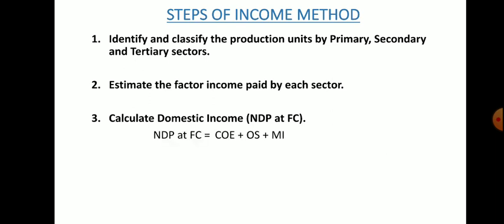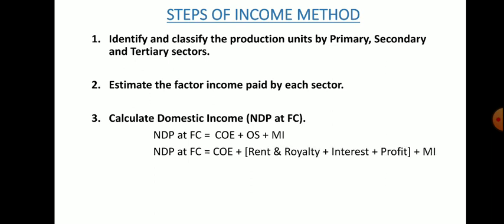So, what will be the formula for that? NDP at FC equals COE, that is compensation of employees, plus operating surplus, that is OS, plus MI, that is mixed income. Once we get the income of all three sectors, we can add all this factor income: COE, OS and MI. In the last class I told you about this.